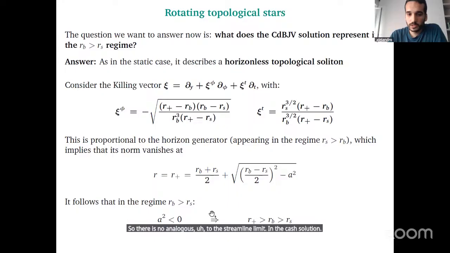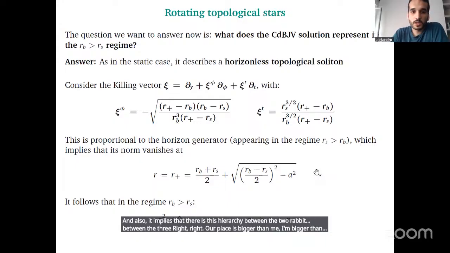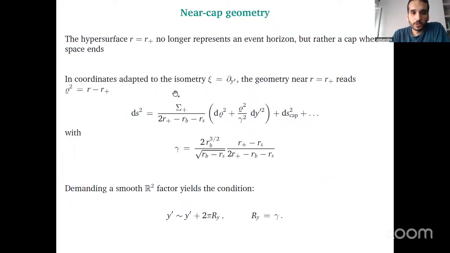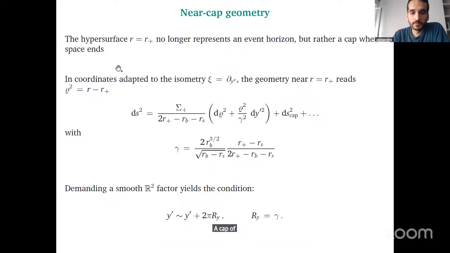And also it implies that there is this hierarchy between the three radii. So r_plus is bigger than R_B and bigger than R_S. Okay, so now what we want to show is that this hypersurface r equals r_plus, in this case, no longer represents an event horizon, but rather a cap where space ends.